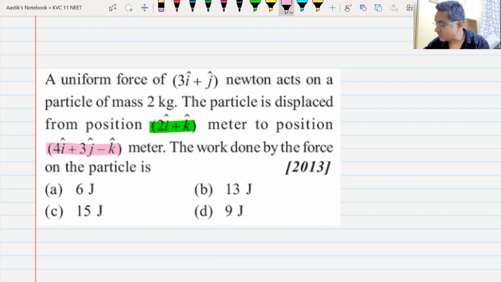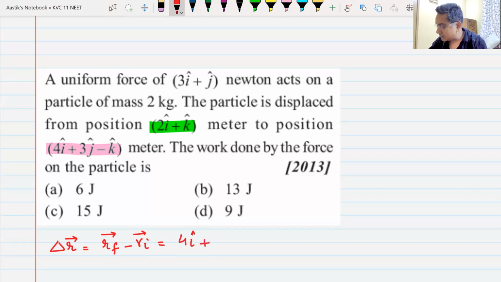So first thing that you have to do is to find out the displacement of the particle in vector form. What is the displacement of the particle? It is final position minus initial position. So what you have to do is subtract the initial position from the final position. The final position is 4i plus 3j minus k, and you have to subtract 2i plus k from there. So how do you subtract?